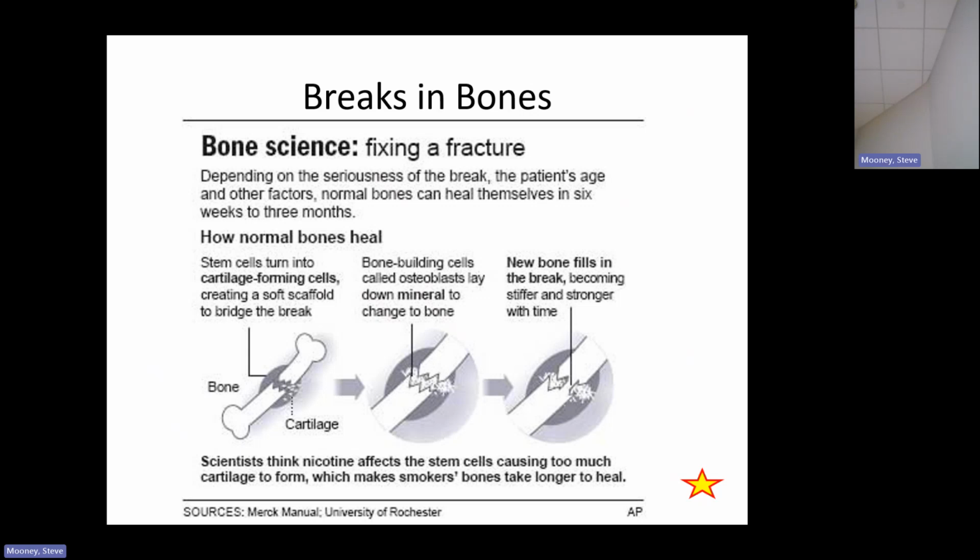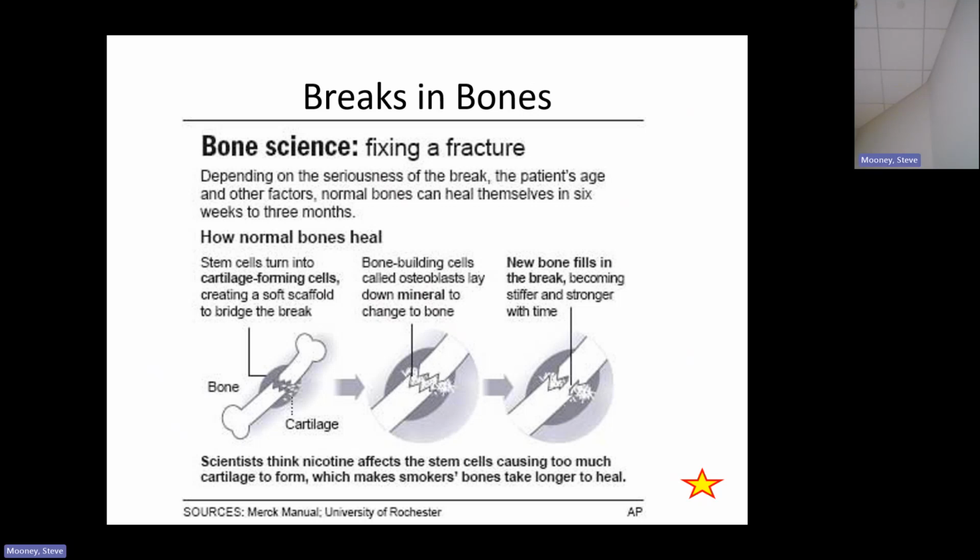They're going to start to put together a soft matrix, that protein, the cartilage listed here, to reestablish what the scaffolding should be. What is the shape of the bone? And since it broke a little bit, maybe we need to do a little bit more on both sides to make that bone a little bit stronger.